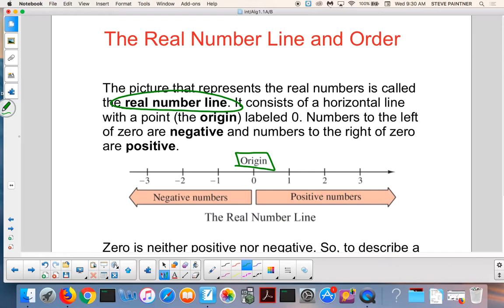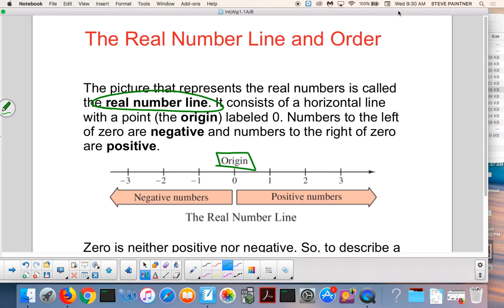To the left of 0 are called negatives. 0 itself, is that positive or negative? It's neither. It's called neutral. You don't put positive 0, you don't put negative 0. But to the right is positive, and to the left is negative. That's it. And if you read all that stuff I just said, that's what they told you right there. It says right here, 0 is neither positive nor negative.